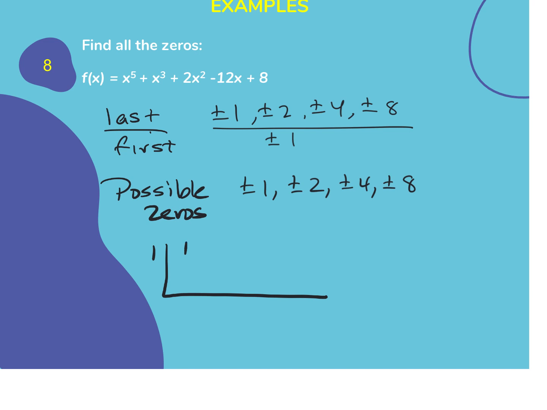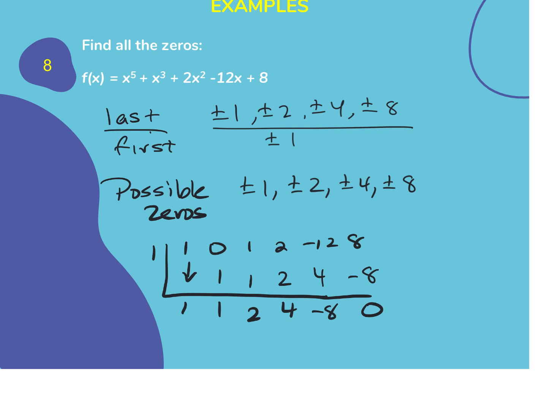This one is missing an x to the 4th, so I'm going to hold the place with the 0. Then 1, 2, -12, positive 8. Bring down, multiply, add the column, and repeat across.